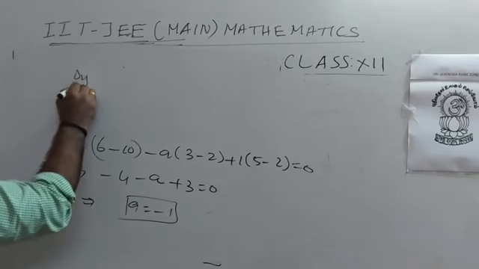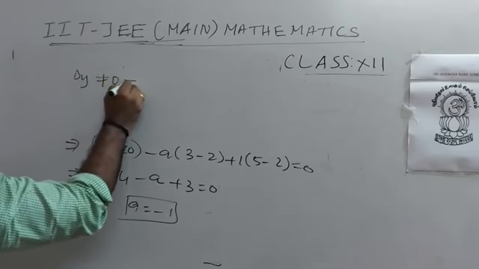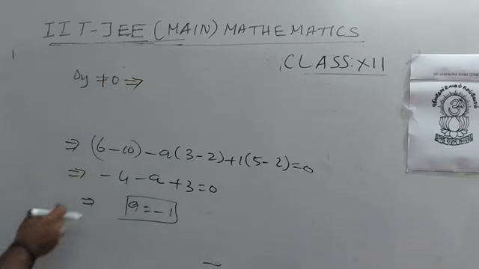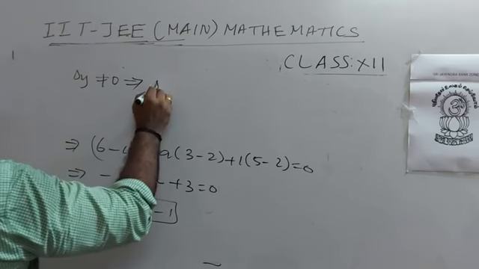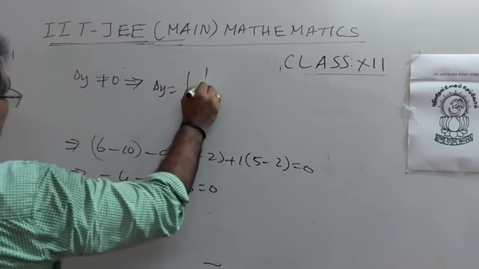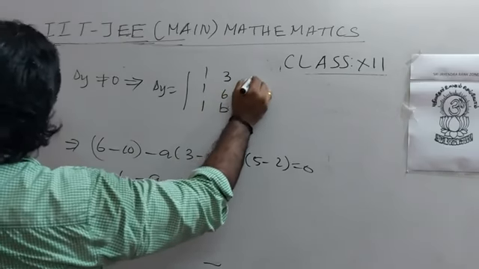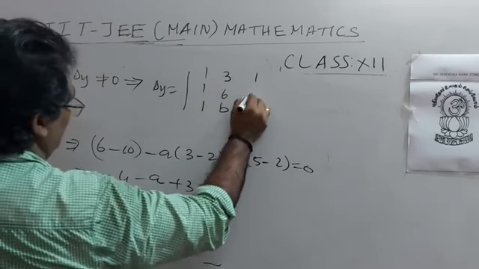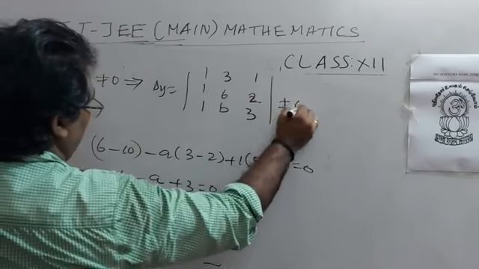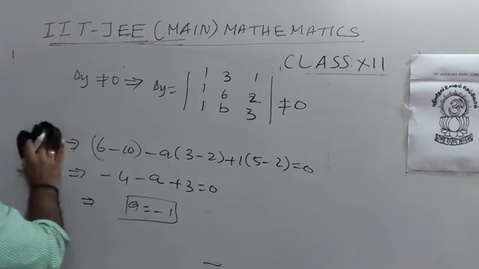Now take delta y not equal to 0, which implies any one of delta x or delta y or delta z is not equal to 0. I consider delta y is not equal to 0. That means delta y equals the determinant [1 1 1; 1 3 6; ... b ...] not equal to 0.